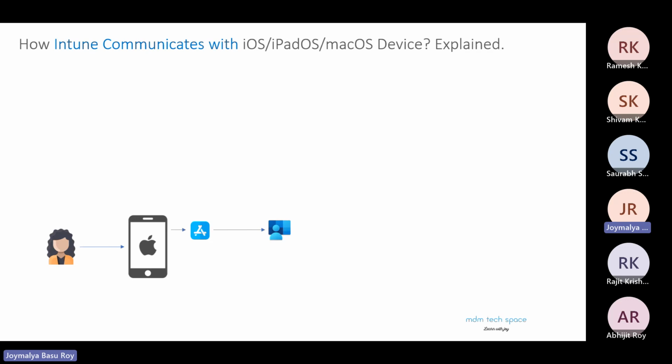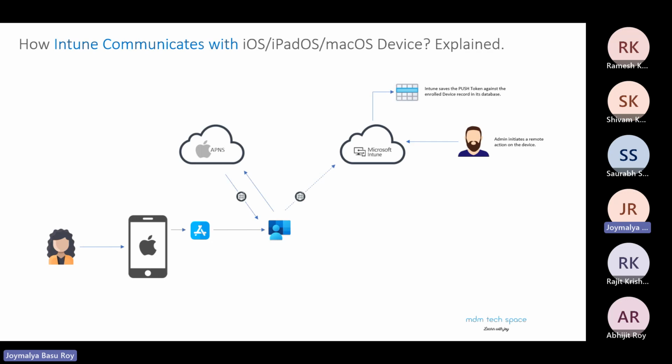As I said, the device enrollment is right in here. This is when the device is in an enrolled state from our previous illustrations. Now me as an admin, I initiate a remote action on the device.